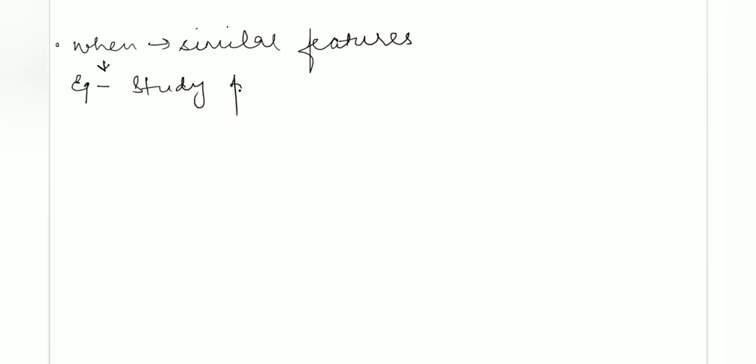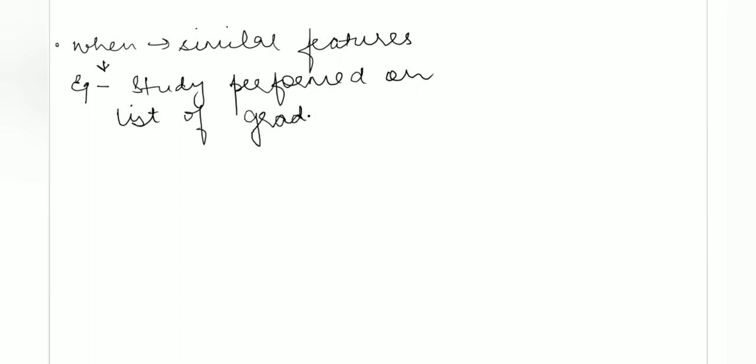When I say similar features or similar characteristics, what do I mean? I'll explain with an example. A study performed on a list of grades in a class of any subject, English.